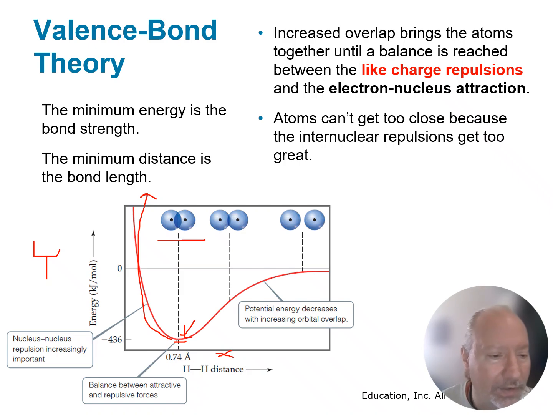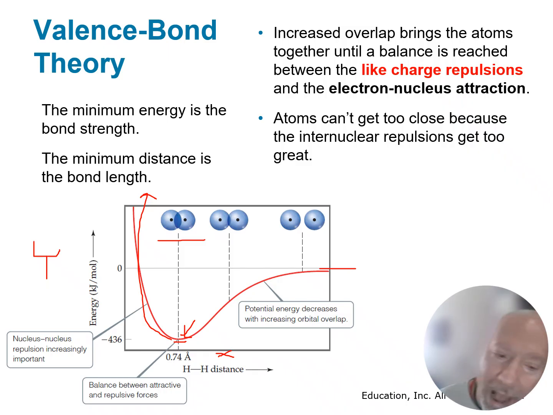Here we see nucleus repulsion increasingly important if we reduce the distance between the atoms, if we're going in the direction towards the left. But if we're increasing the distance, eventually we come to this maximum in energy that just kind of tapers off because now the atoms are independent.